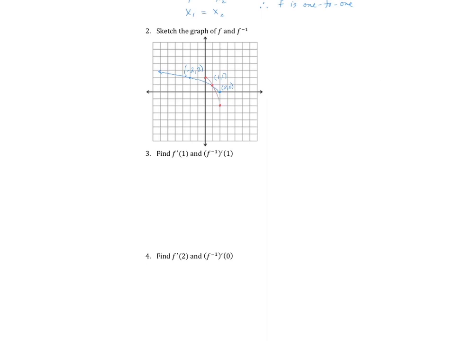And it'll go down this way. Okay, so this would be the inverse function. And here I have my function.